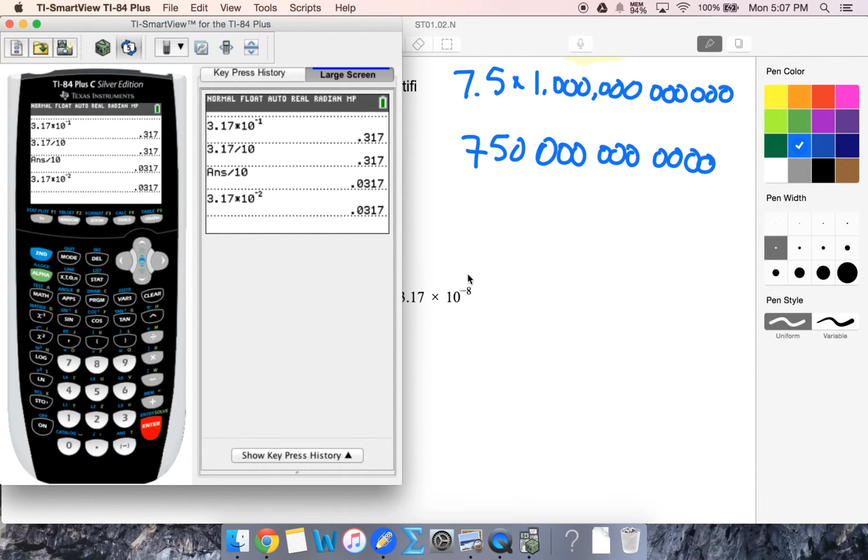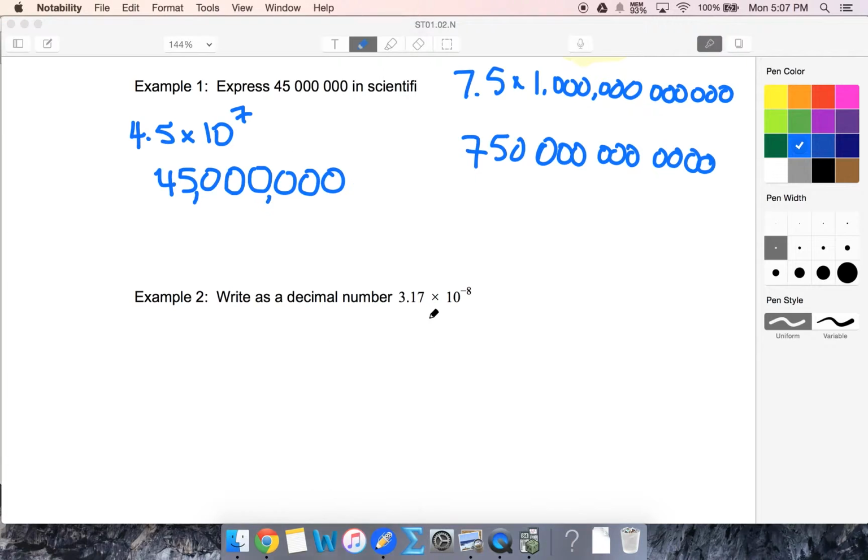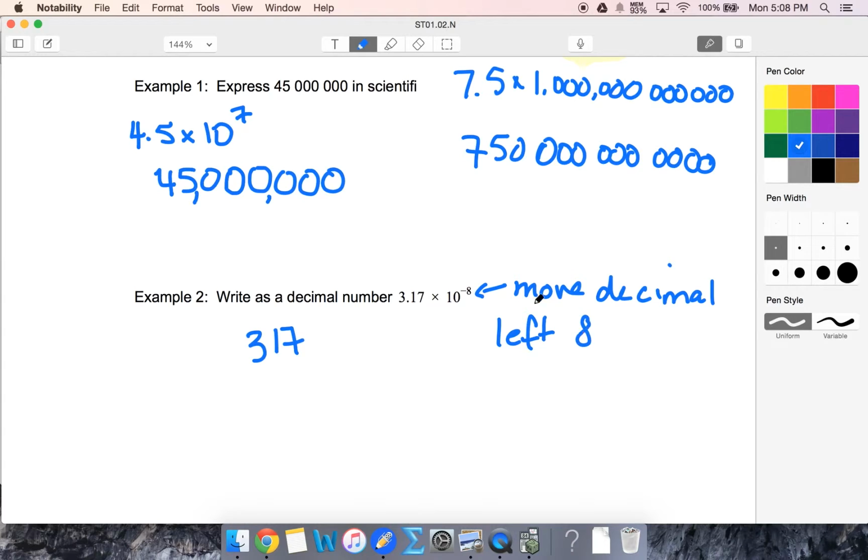Well, that implies to me that when I say negative 8, I'm going to take my decimal and move it over 8 places. So 3.17, I'm taking my decimal and I'm going to move it to the left by 8 places. So we're going to move the decimal left 8.